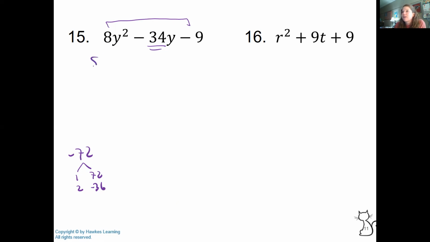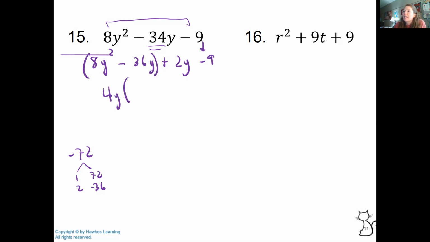So we bring down 8y squared minus 36y plus 2y. That middle term always has a y, okay? I don't think I've emphasized that. And then we bring down our last term, which is minus 9. All right, what can I divide these by? 4y. So 8y squared divided by 4y is 2y, minus 36y divided by 4y is minus 9.